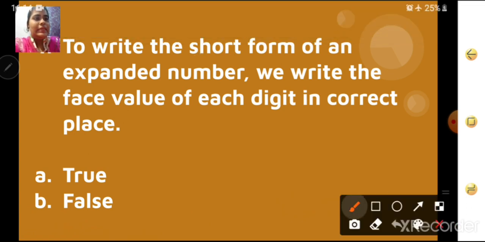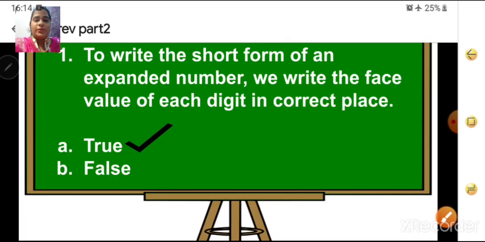So while writing the short form of an expanded number, how do we write? Yes, we write the face value of each digit. It is true. So that means the question is correct. So we will tick on the option true.